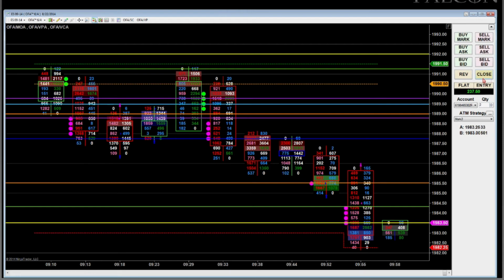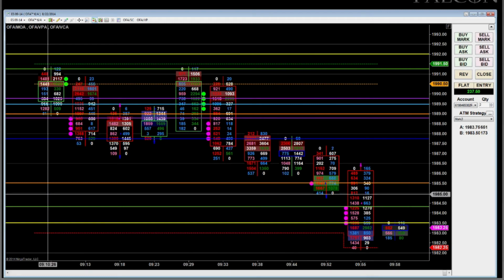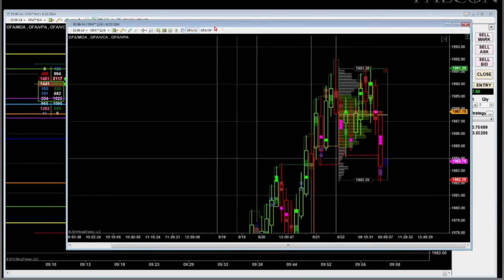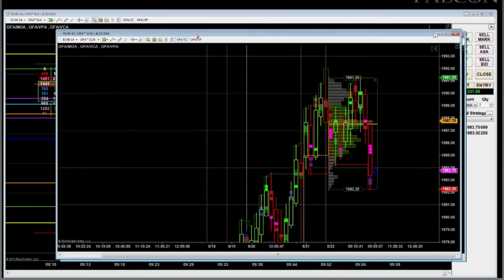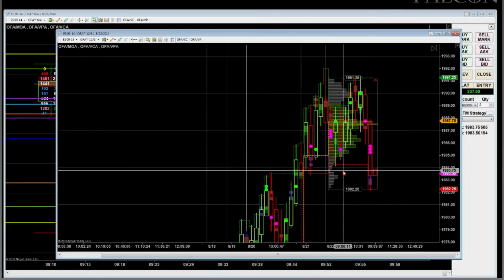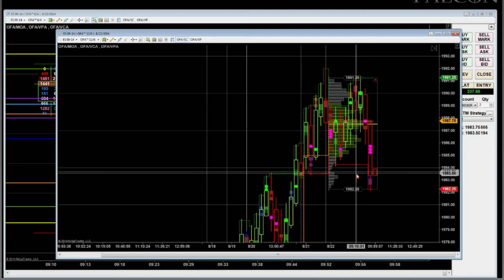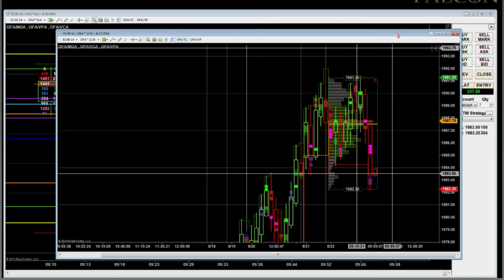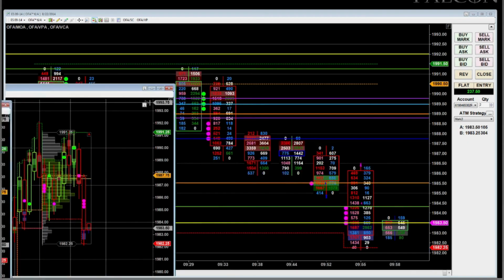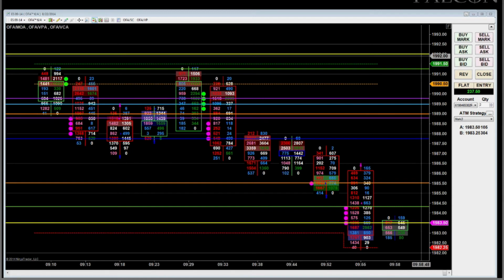Got to finish to the downside, so you got to be careful there on the profile. Bring that over here for you. See that low volume area right there at 83.75? So the trade short would be right here at about 83.50, which is yesterday's low of day.